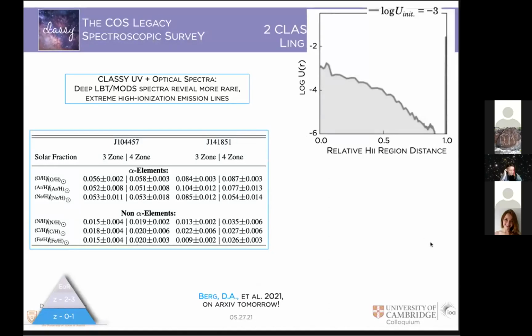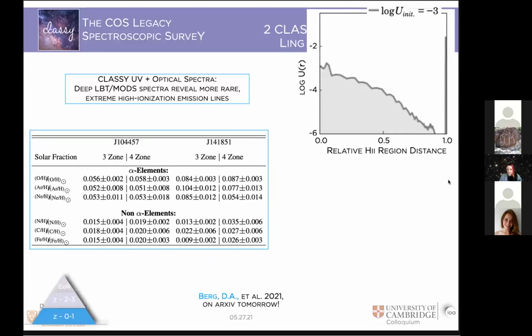We wanted to look at some of our photoionization models. And the first thing I just want to draw your attention to is the shape, in a normalized H II region, of the ionization parameter, log U, as a function of radius. So for your volume-averaged initial log U, if it's at -3, where the photons are first hitting your gas cloud, this is the shape you get.